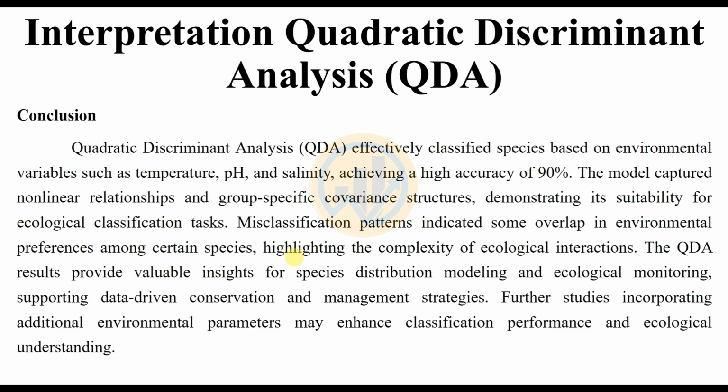The QDA results provide valuable insights for species distribution modeling and ecological monitoring, supporting data-driven conservation and management strategies. Further studies incorporating additional environmental parameters may enhance the classification performance and ecological understanding.